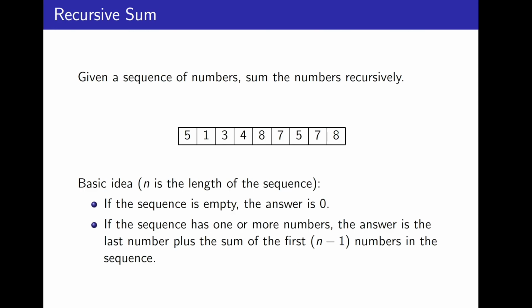Now consider another problem of computing the sum of numbers in a list recursively. The simple case is that if the list is empty, we know the sum of an empty list is 0 because it doesn't have any numbers. If the list has one or more numbers, let's say if the list contains n elements, we can calculate the answer by adding the last number with the sum of the first n minus 1 numbers.